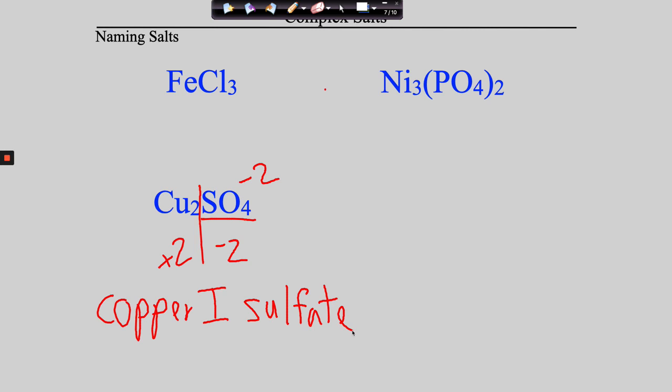Now guys, typically at this point I'll have people that say, if it's a 1, do we need to put it? And the answer is absolutely. Guys, 1s are understood in the formulas, but 1s are not understood in the names. It's got to be there, because without that 1, your reader wouldn't know whether to choose 1 or 2.